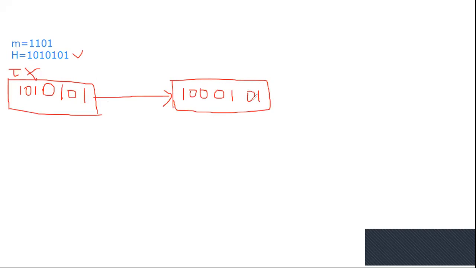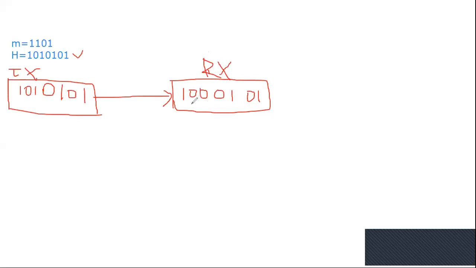This is the information we get at the receiver side. We already know which data was sent at the transmitter side, so we know where the error is. Observe this: the first bit is 1 and 1, so same.